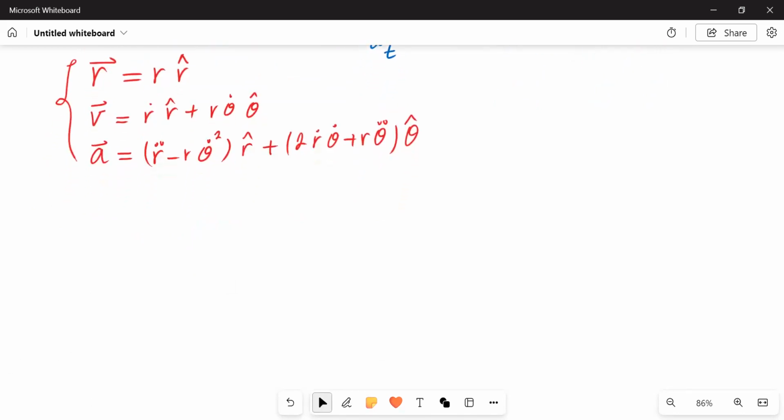I'll use a simple form of F equals ma. So if I want to express this in the plane polar coordinate system, well, that would give me a structure like this.